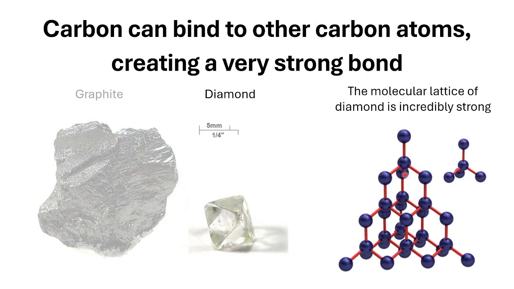Now, if carbon makes a whole bunch of bonds to other carbons, where each of them is in a tetrahedral form, so each carbon atom is bound to 4 other carbon atoms, and all of them are bound to each other, there's a way that this can get all combined where it makes a nice tight lattice that is really, really strong. This is the underlying molecular conformation of diamond.